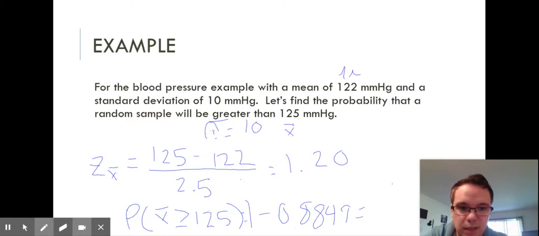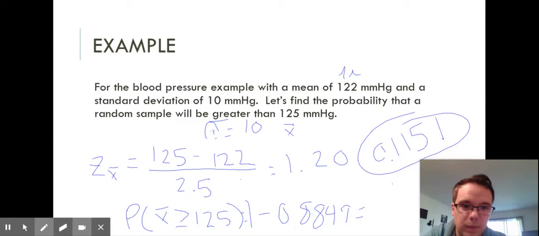So in the end, our probability is going to be 0.1151. It works just like z-scores before. The only difference is our x is now an x bar, our mu is now a mu of x bar, and our standard deviation is now a standard error.